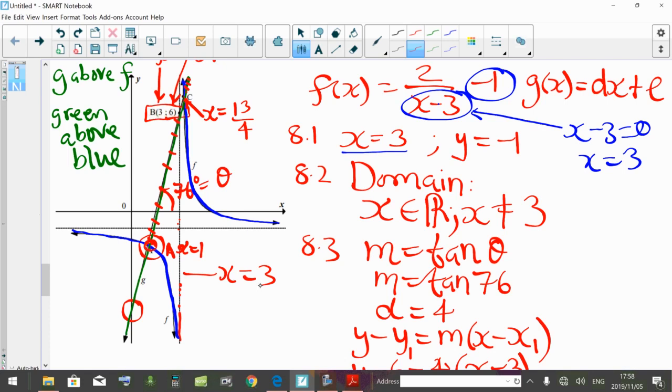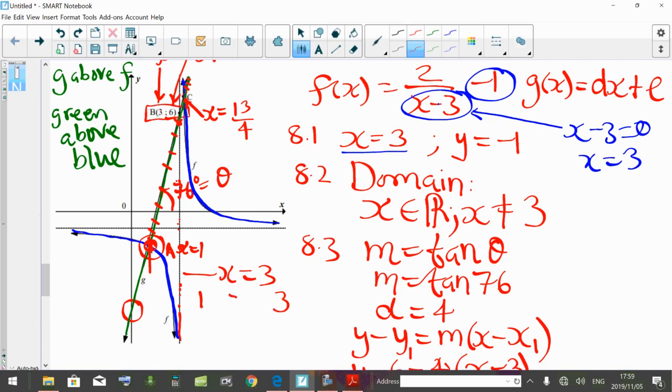So you can see that green is above blue from this point here, which is at x is equal to 1, right up to the asymptote, which is at x is equal to 3. So we can say from 1 to 3.